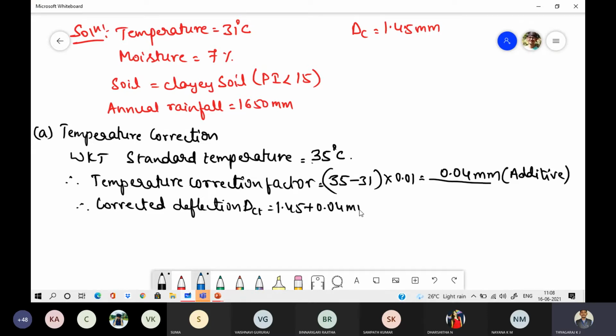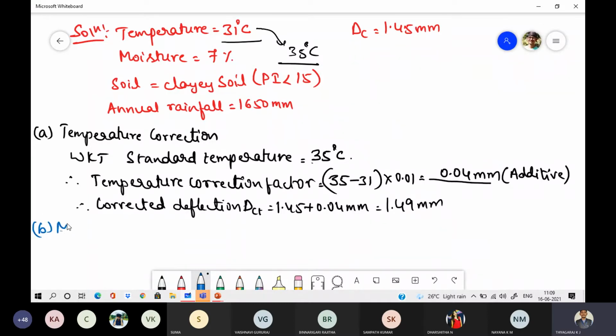Why? Because the test temperature is less than 35. That's why we have to add, and we have to make this 31 degree Celsius to 35 degree. So we'll get 1.49 mm. Do we get 1.49 mm? Yes, sir. This completes one portion, that is temperature correction.